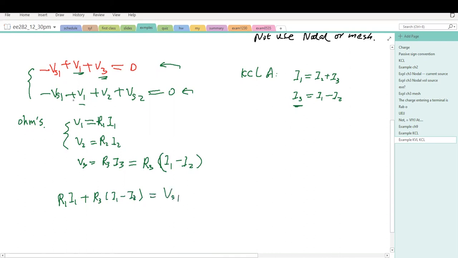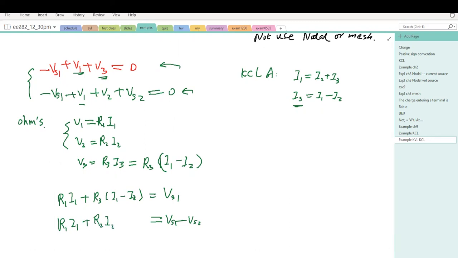And on this side, Vs1 minus Vs2 equals R1 I1 plus R2 I2. So now we have two equations.